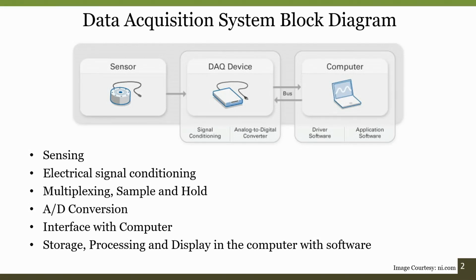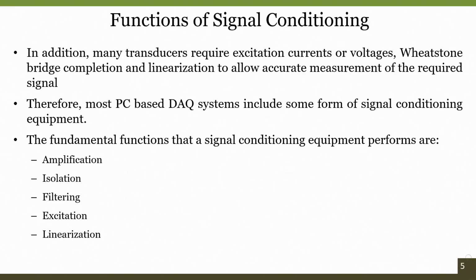So, the major roles of these signal conditioning circuits will be amplification, isolation, filtering, excitation as well as linearization. You would have already heard these terms and may know the definitions, but how we design them is what we are going to see in today's session.